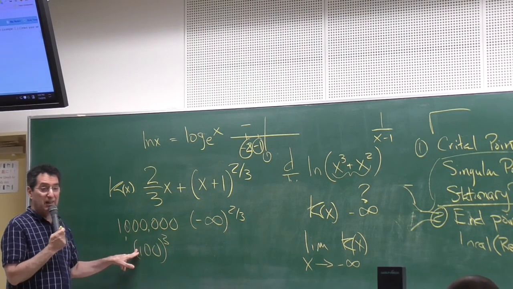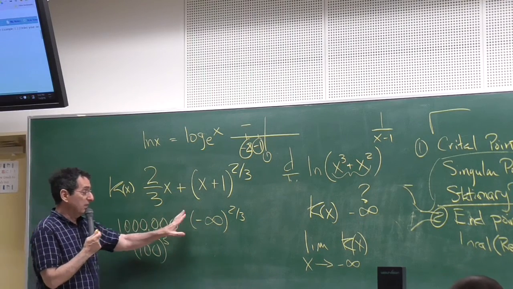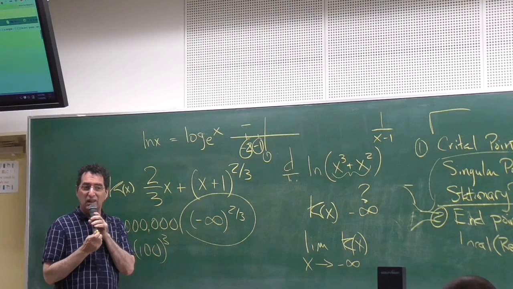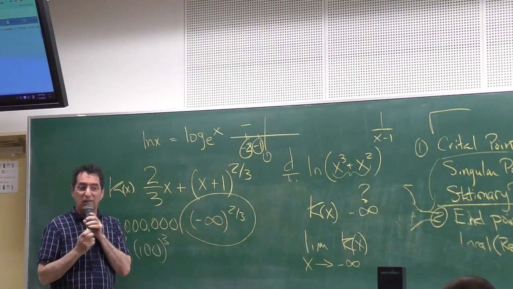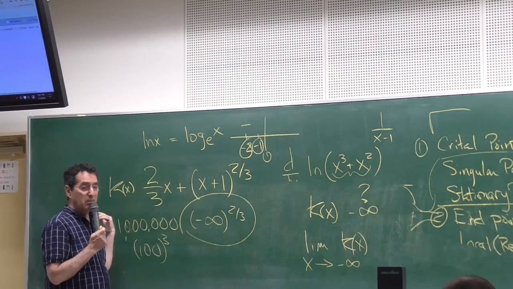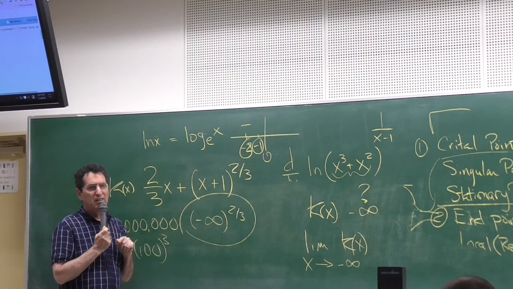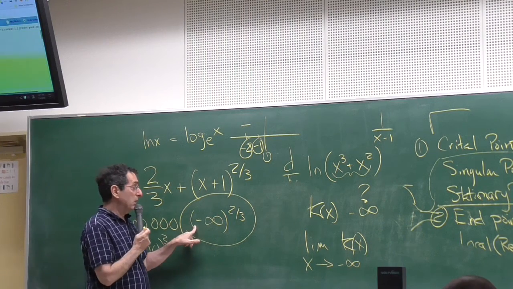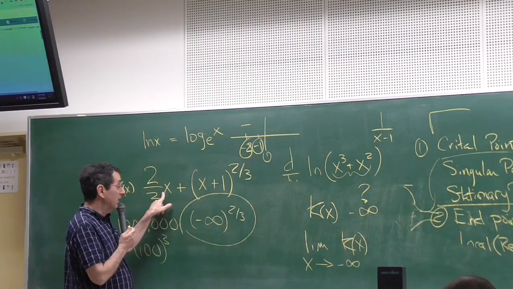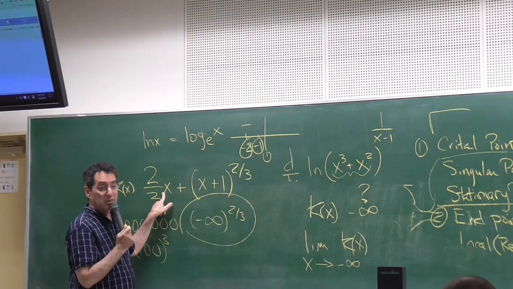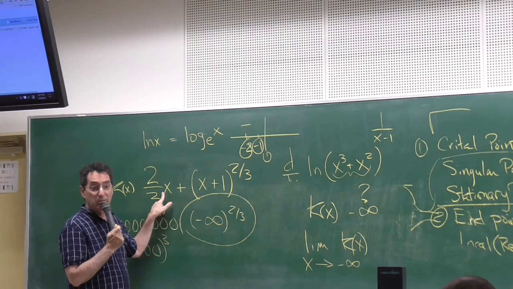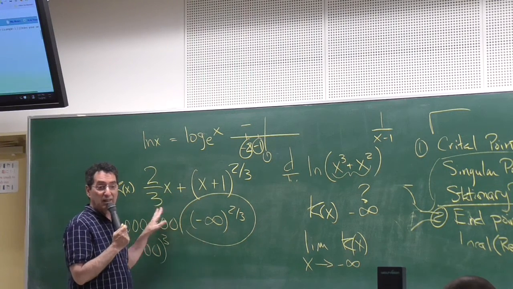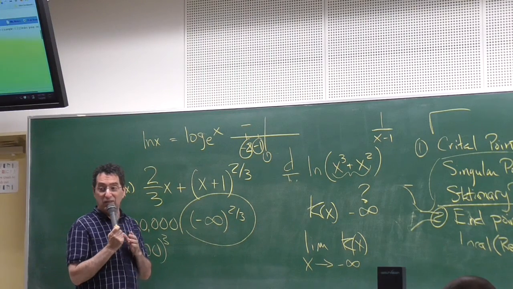This thing is getting bigger and bigger, but it's negative, so it just becomes a large negative number. Together they become super large negative numbers. So the whole thing is going to minus infinity, getting bigger and bigger in the negative direction.